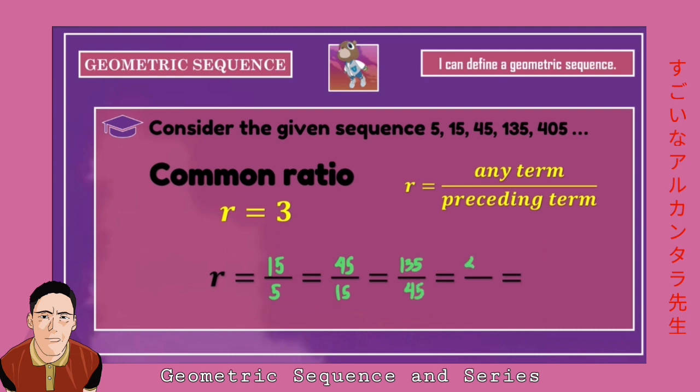And if you continue, 405 divided by 135, the answer is also 3. Hence the word common ratio. So again, just like in arithmetic sequence, the pattern must be consistent.